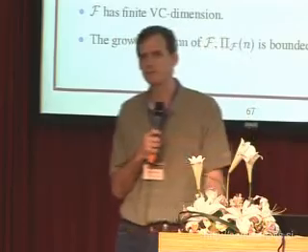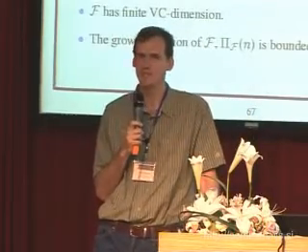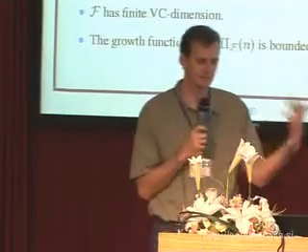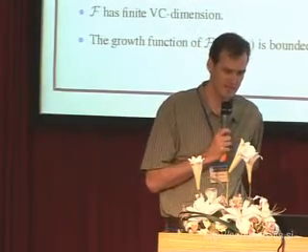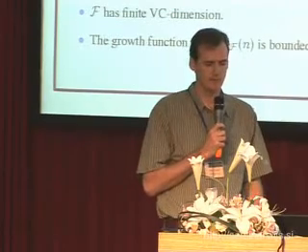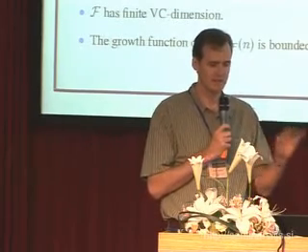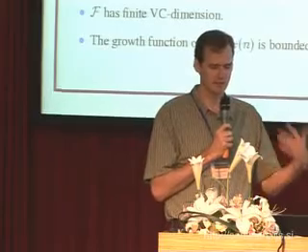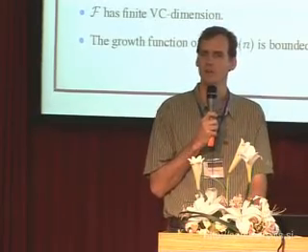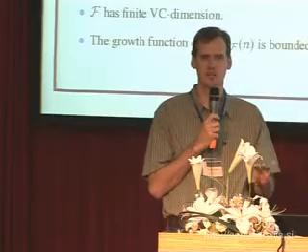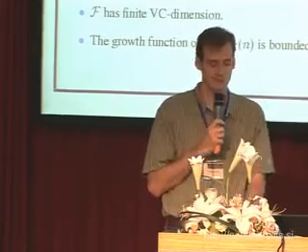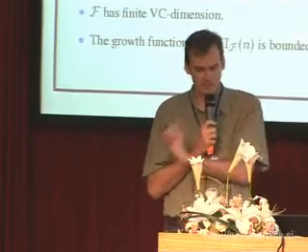We saw this example of linear threshold functions for which the VC dimension is precisely the number of free parameters, and there's a big family of function classes for which that relationship is true, where the VC dimension is related to the number of free parameters, provided that we can compute functions from our class rather simply, without too much work. So there's this beautiful relationship between the amount of computation you need to perform to compute a function from your class and the number of parameters and the VC dimension.